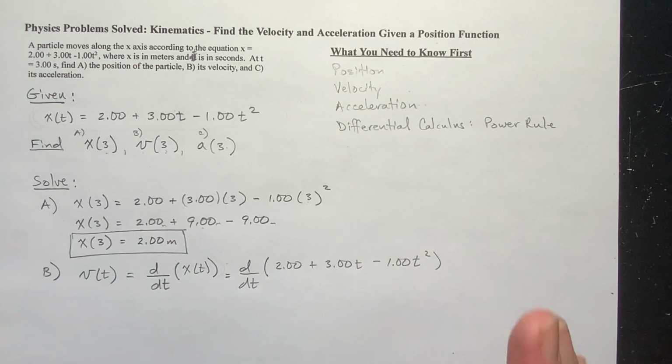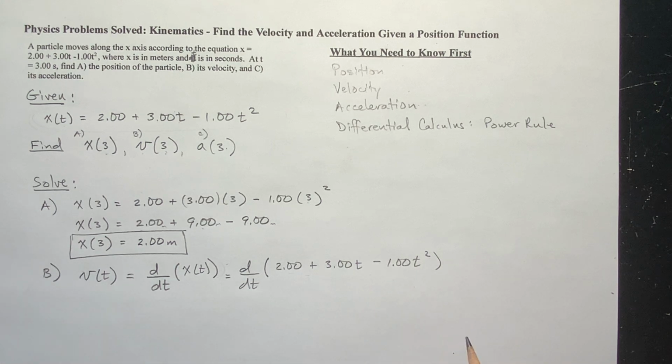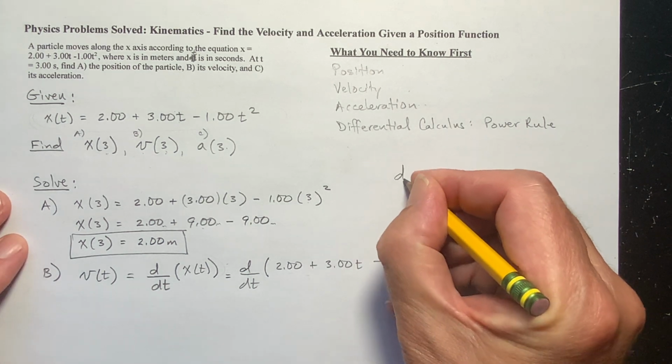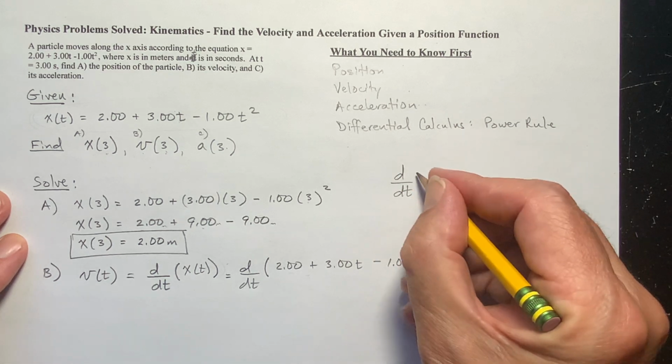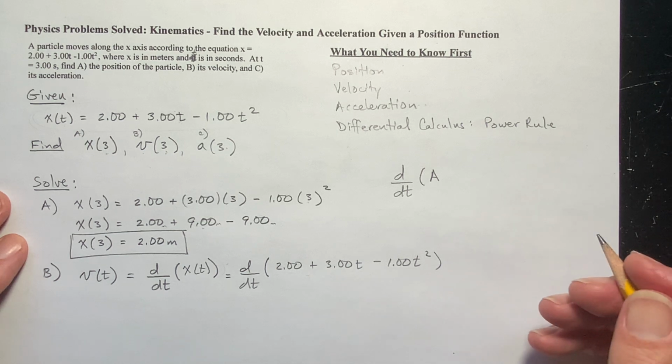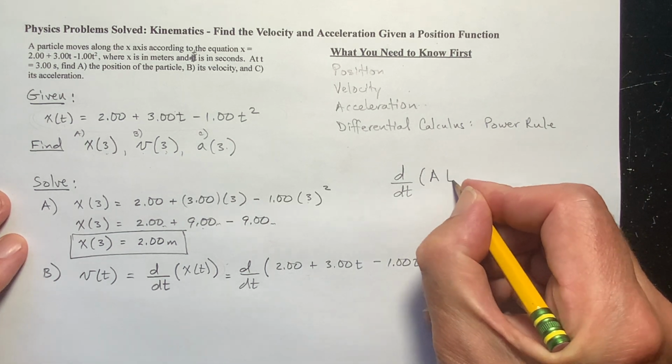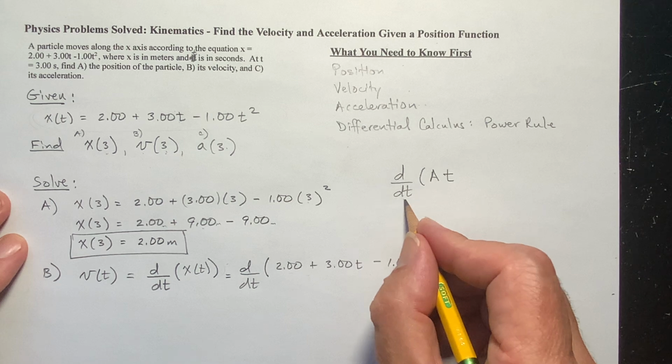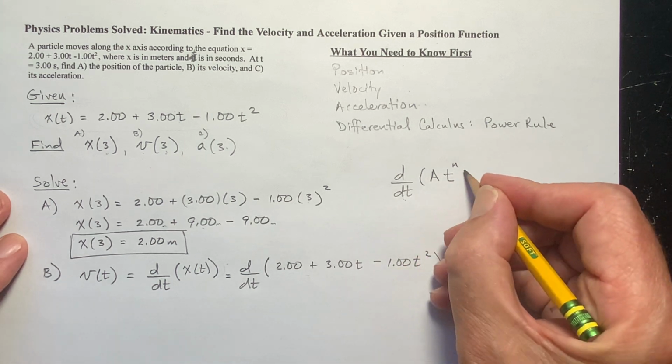Now I'm going to assume you're pretty new to calculus. Whenever you have a polynomial in terms of t, or time, and you want to take the derivative of it, you use the power rule. The power rule says this: the derivative with respect to time of some constant, I'll just call it capital A, times t to the n power.